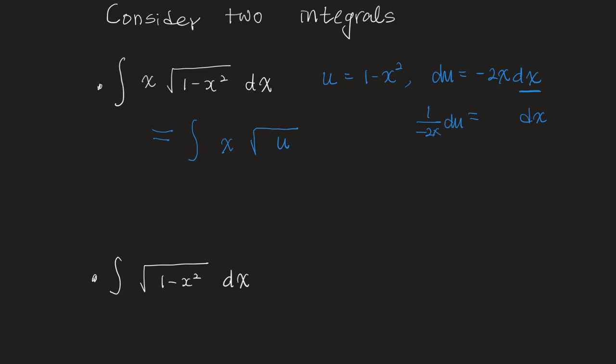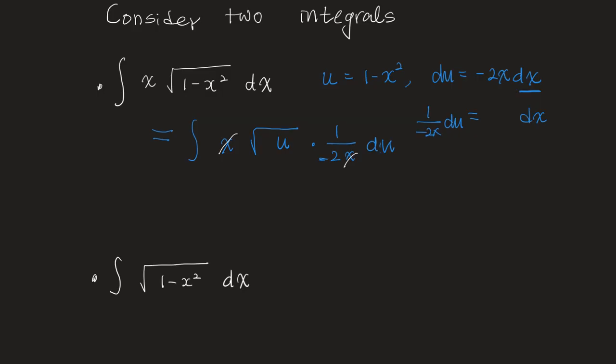So outside is x times 1 over negative 2x, so the x cancels out. Oh no, I'm sorry guys, this is du. So x cancels out.